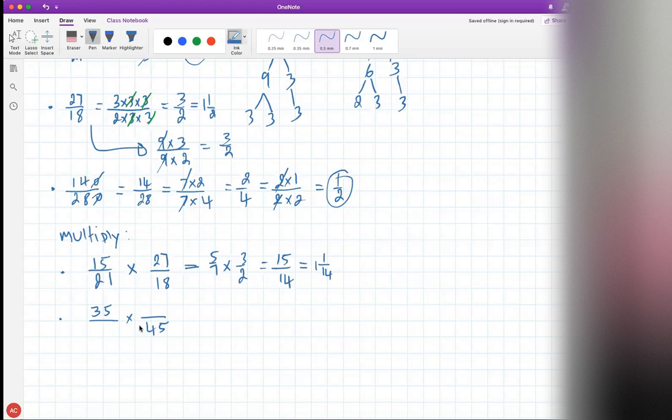35/45. We need some numbers here, say 8 and maybe 6, or maybe let's say 4. So look at this multiplication here.